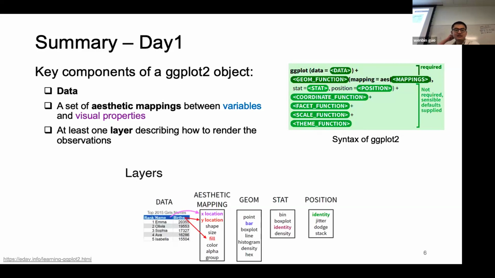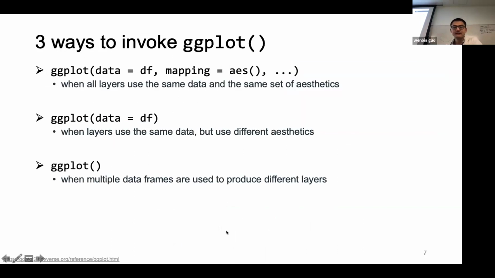Based on the key components here, we define what data we are based on, and then define a mapping between the data and the aesthetic properties, for example the X or Y positions and some other visual properties. Based on this, we actually have 3 ways to invoke the ggplot function to make plots.